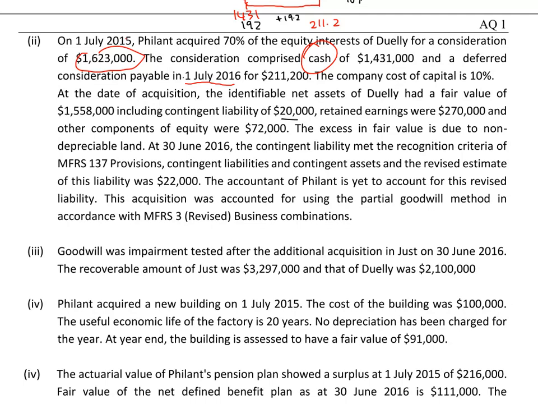Now, the acquisition identifies the subsidiary Dually at a fair value of 1558. This is the fair value of 1500 including a contingent liability. First time you see it. When I took over, the subsidiary has a contingent liability. And you know a subsidiary's contingent liability is just a disclosure.